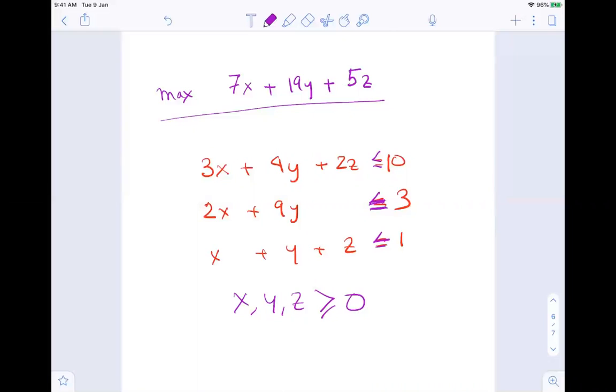No, sir. No, why not? Because x plus y plus z is less than equal to 1. And if we take 19x plus 19y plus 19z, then it will be less than equal to 19. Oh, excellent. Very good. So since x plus y plus z is less than 1, 19x plus 19y plus 19z must be less than 19.